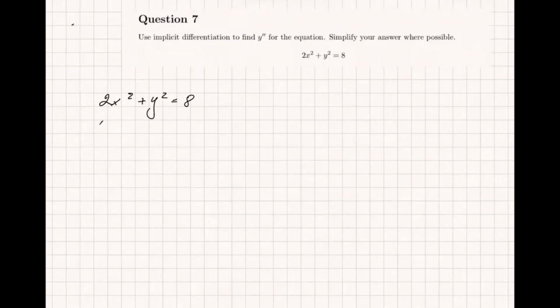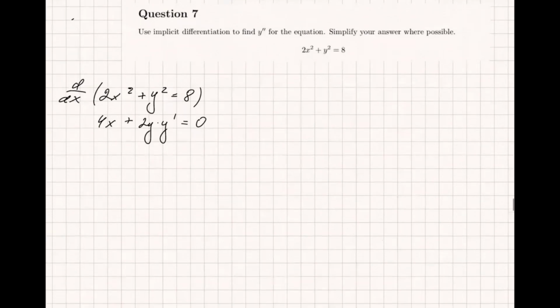We have 4x plus 2y times y prime equals 0, right? So when we take the derivative of both sides with respect to x, this is what we end up with. Now we'll solve for y prime, and we have y prime equals negative 4x over 2y, which is negative 2x over y.